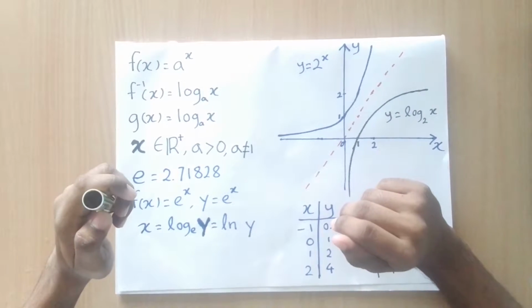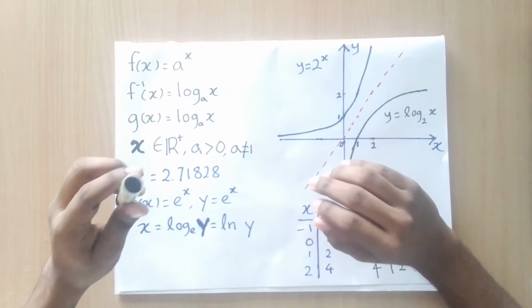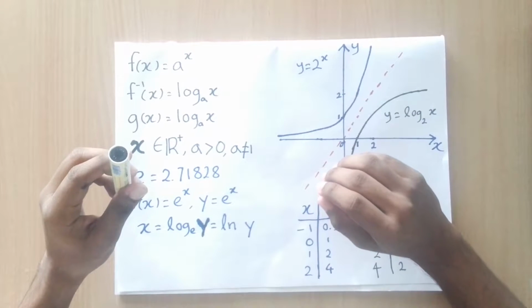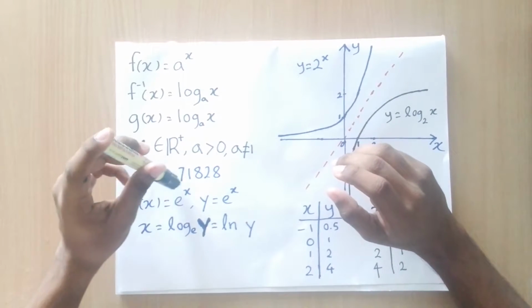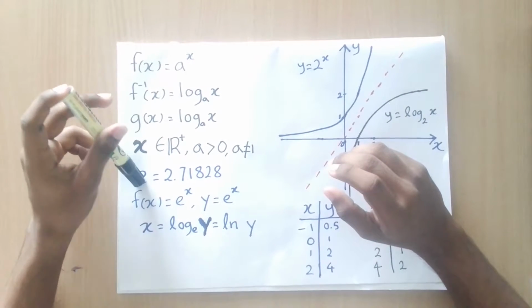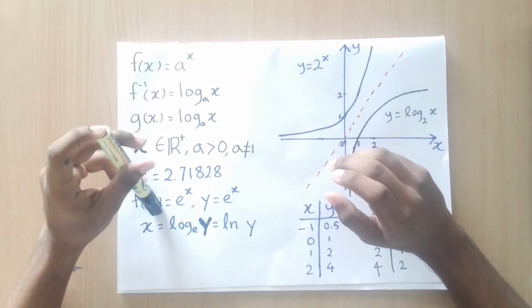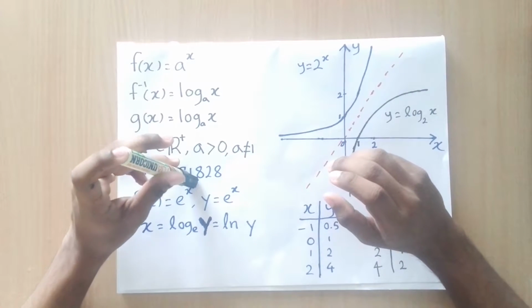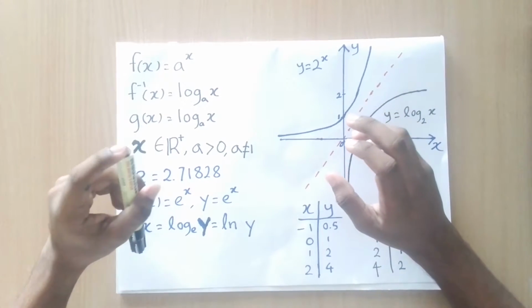One important base of an exponential function is an irrational number symbolized by e, whose value to 5 decimal places is 2.71828. This symbol is called the natural base, and the function f(x) equals e to the power x is called the natural exponential function.